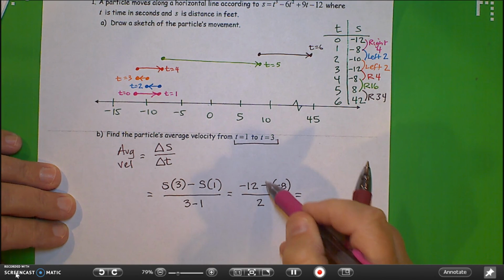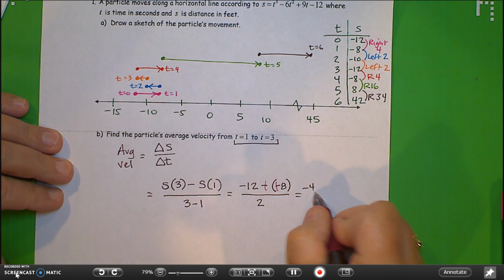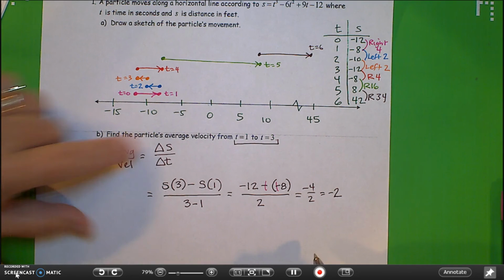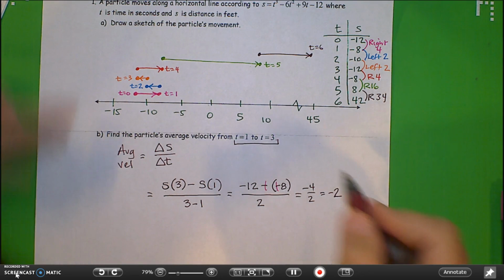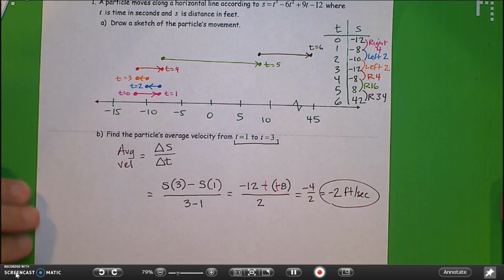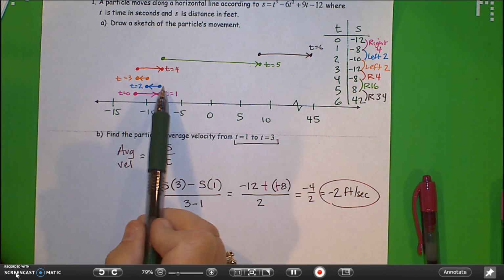So s minus a negative, so that's negative 12 plus 8, so negative 4 over 2, which is negative 2. Units of measure for velocity is, for this problem, feet per second. So I have negative 2 feet per second. That's the average velocity from time equals 1 to time equals 3.